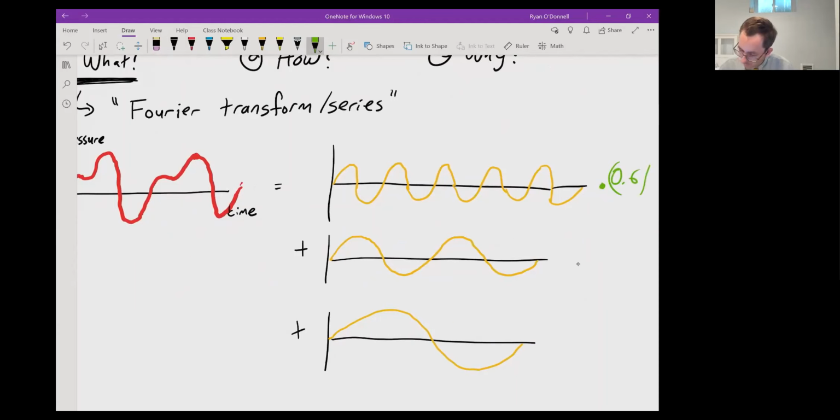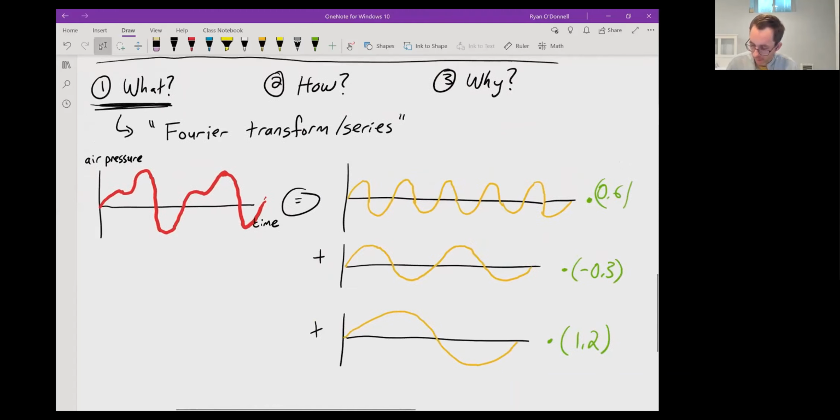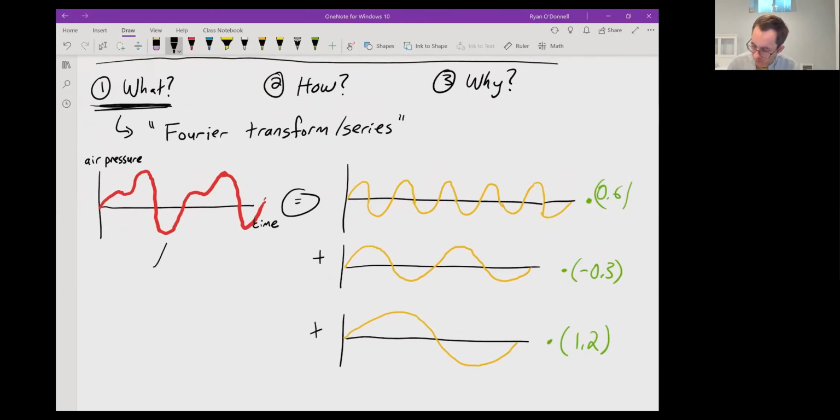And maybe this one you take with intensity minus 0.3, and you add it. You take this one with intensity 1.2, you add it, and it equals this original pattern. Okay, it's probably a crazy shape like this actually is not just the combination of three simple pure sine waves, but let's just stop the example there.